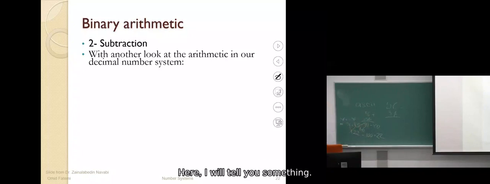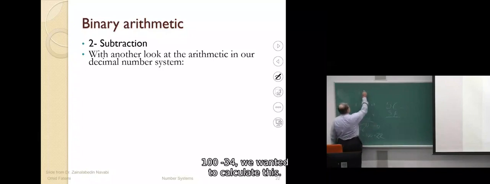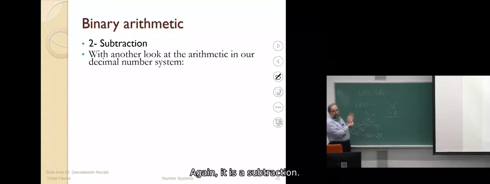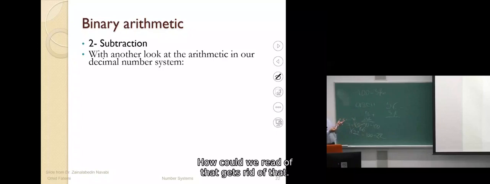Here, I will tell you something. Look at 34. We can negate 34 to something. Okay, let me say this one. 100 minus 34. We wanted to calculate this. Again, it is a subtraction. How could we get rid of that?